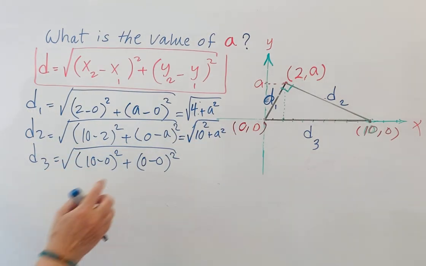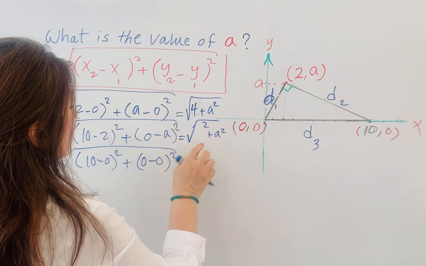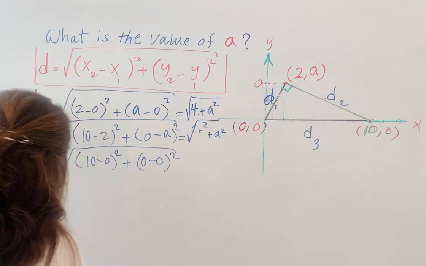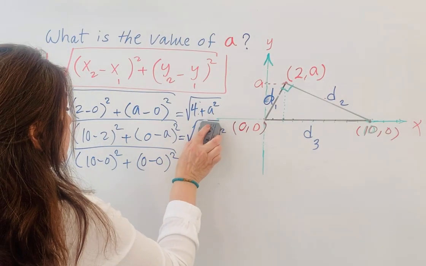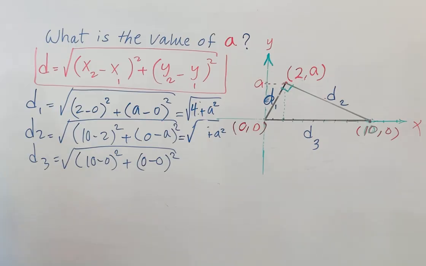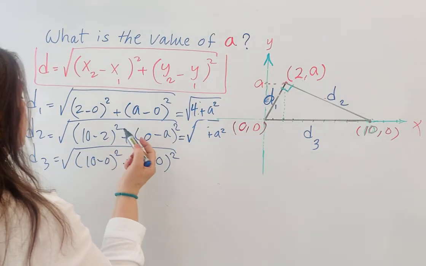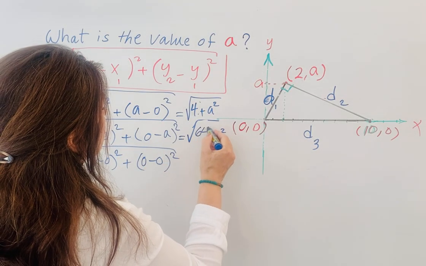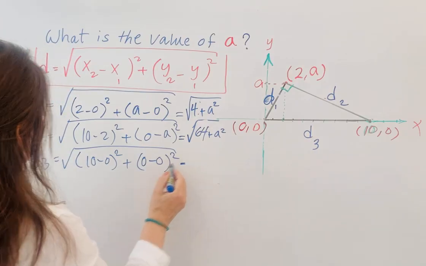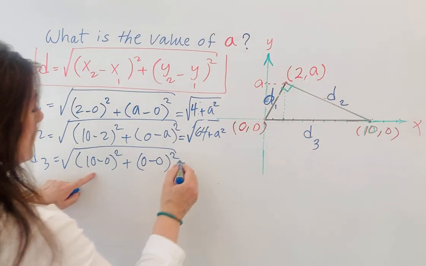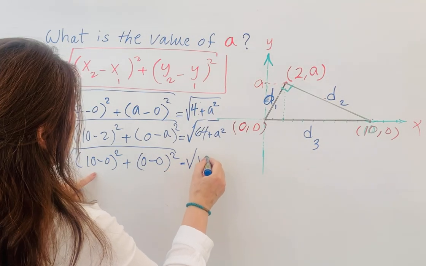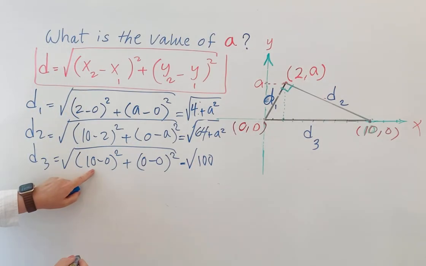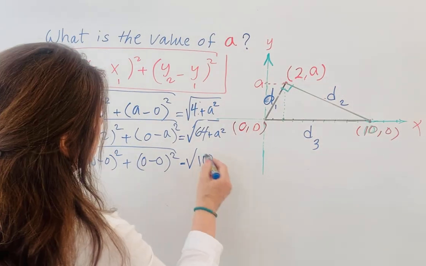Actually, it is 10 minus 2, sorry, 8 squared. 10 minus 2 gets 8. 8 squared gets 64, plus negative a squared, which is a squared. How about the last one? 10 minus 0 is 10 squared, which gets 100, plus 0. Okay, nothing.